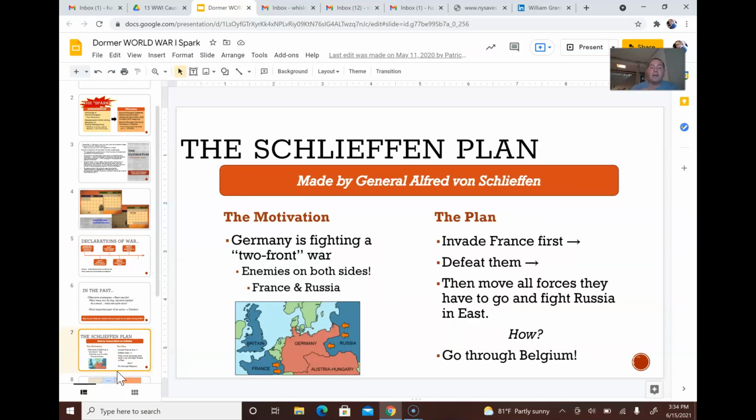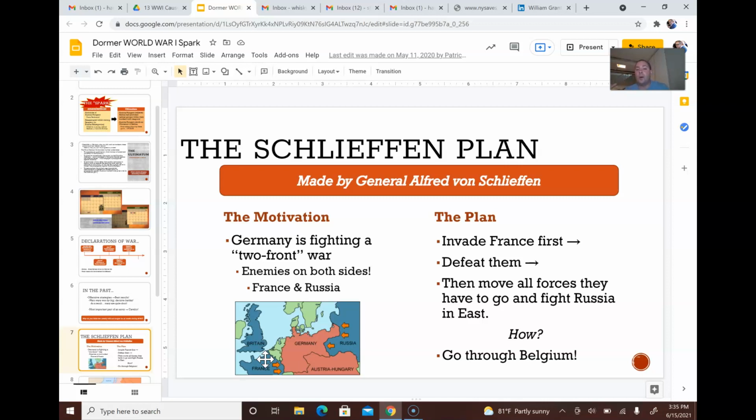Now, Germany had already planned something called the Schlieffen Plan. The Schlieffen Plan was for Germany to invade France through Belgium. And then once France was knocked out, turn east and go to Russia.